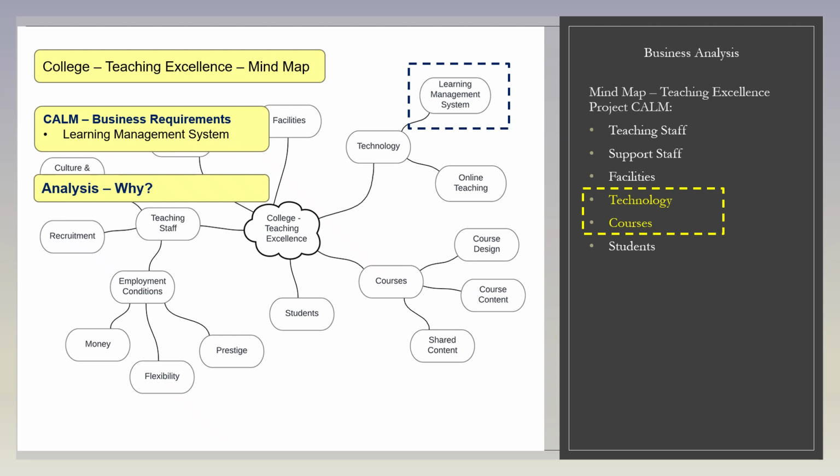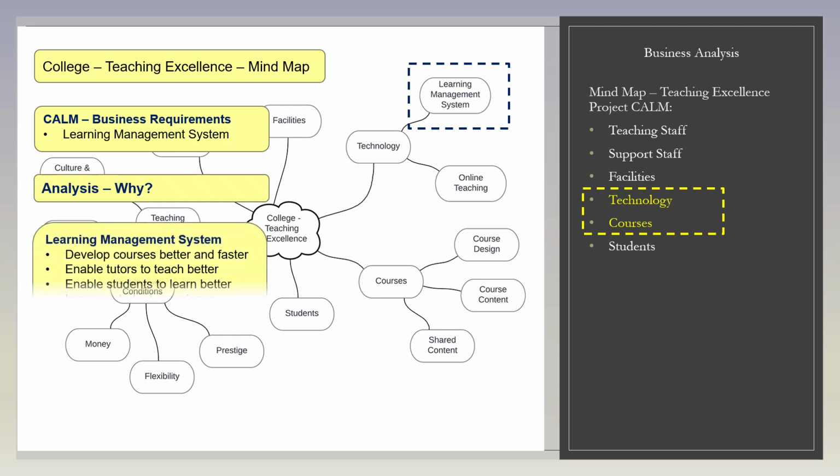So the answers might be, it will help us to develop courses better and faster, empower and enable tutors to do a better job of teaching, help students to learn more effectively, improve the overall student experience, maybe reduce our development costs for courses, and more.